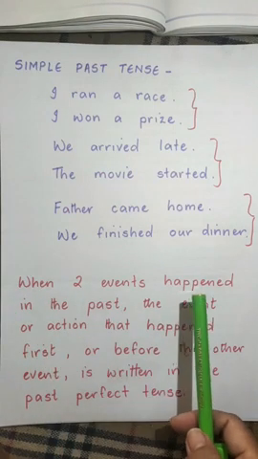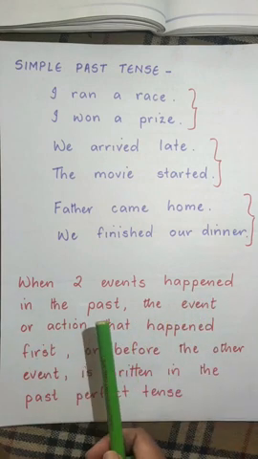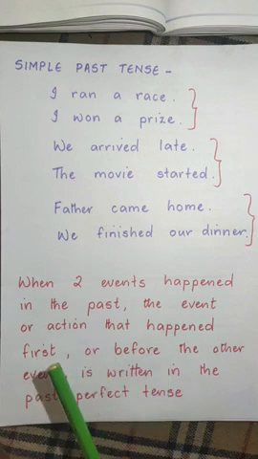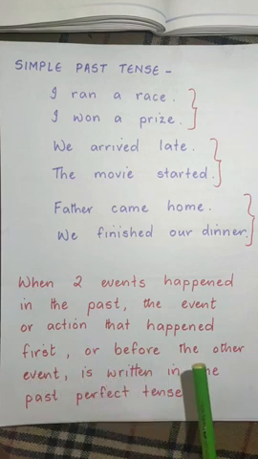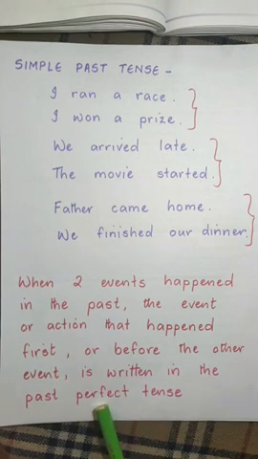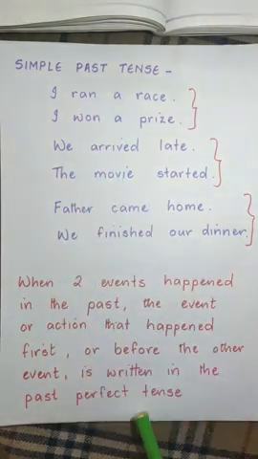When two events happen in the past, the event or the action that happened first, or before the other event, is written in the past perfect tense. So when you talk about two things that happened in the past, one part of the sentence will be in the simple past, and the other will be in the past perfect tense.